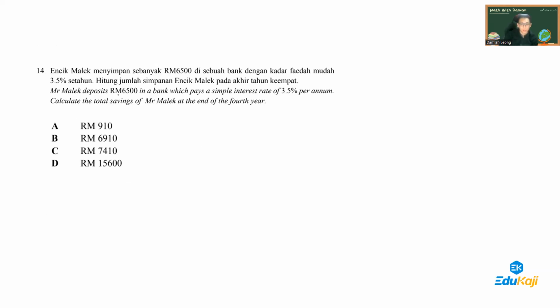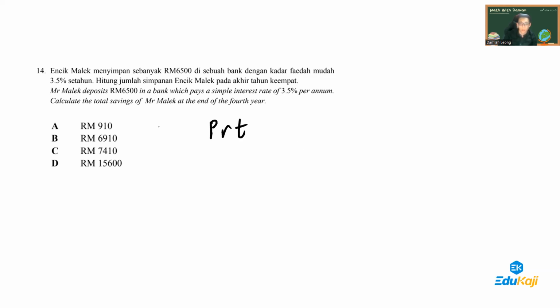Mr. Malik deposits 6,500 in the bank, which pays simple interest rate 3.5% per annum. Calculate the total savings of Mr. Malik at the end of the 4th year. So this is simple interest. To count simple interest we use PRT.